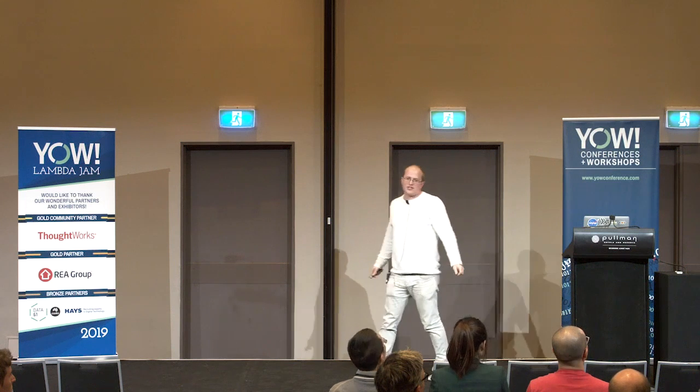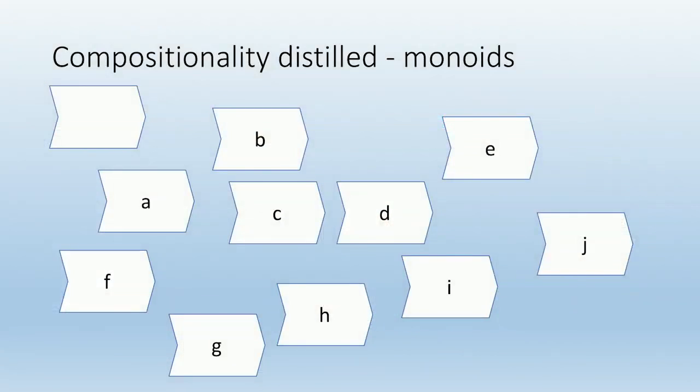So, to distill this idea to a concept that we can wrestle with, we need some idea of things that we're joining together, the building blocks by which we're building a bigger thing. And we need some idea of putting them together. So this most basic idea of compositionality is called a monoid.